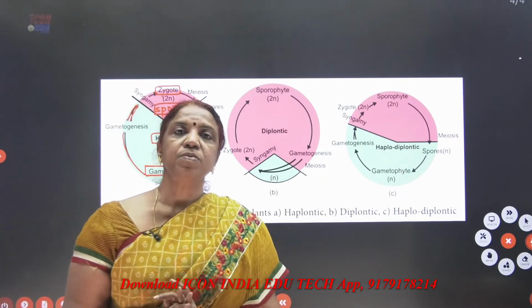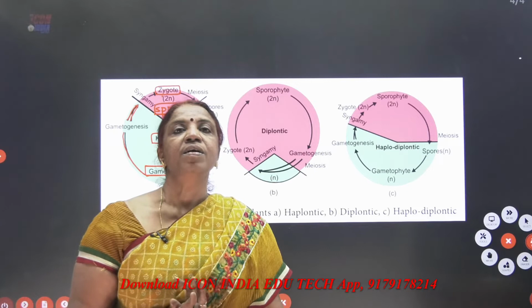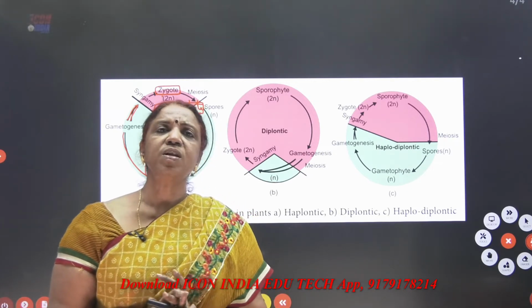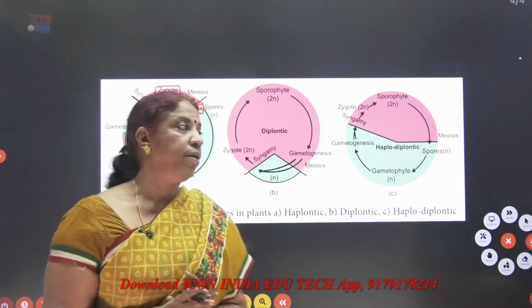And what are the examples for the haplontic life cycle? Mostly all algae are haplontic.